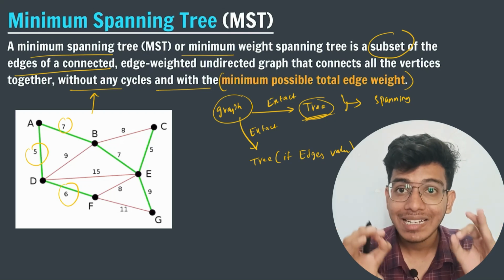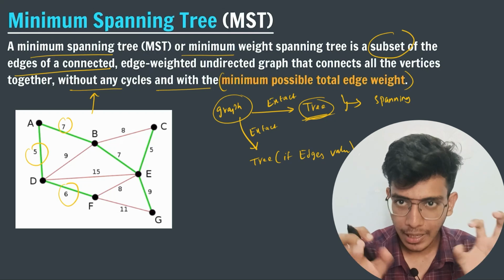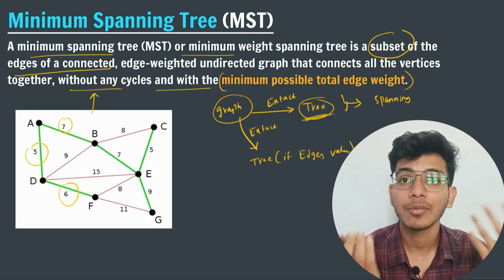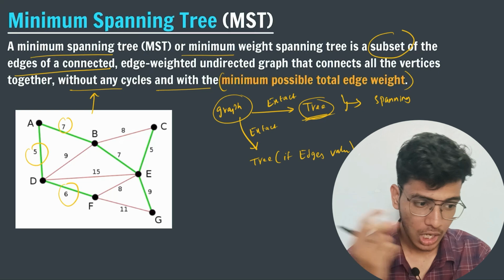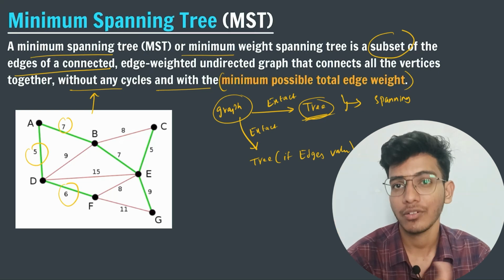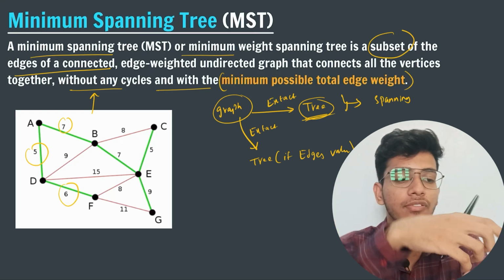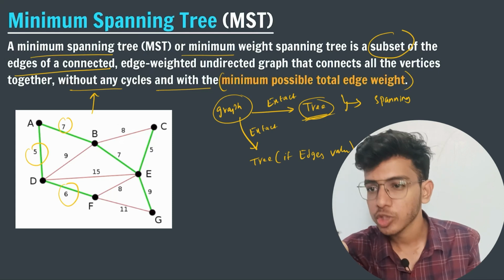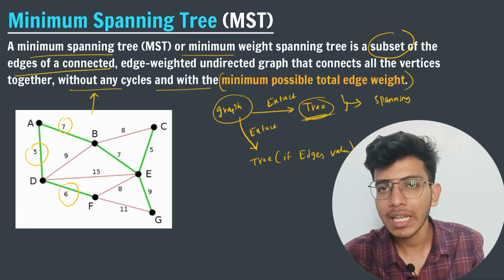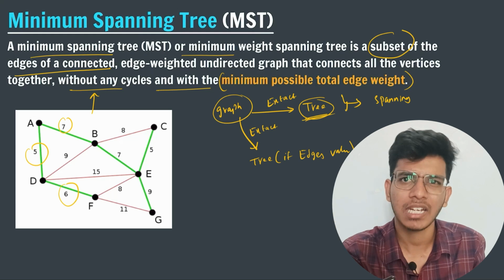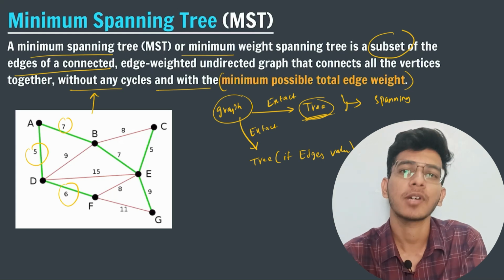And if I am able to extract a structure out of the given graph, whatever the graph might be, which is similar to a tree, it doesn't have to be a binary tree, it can be a tree with any number of nodes.